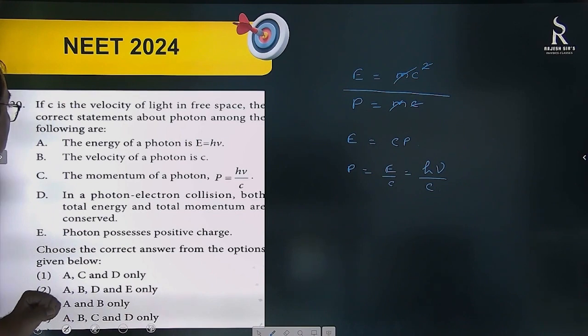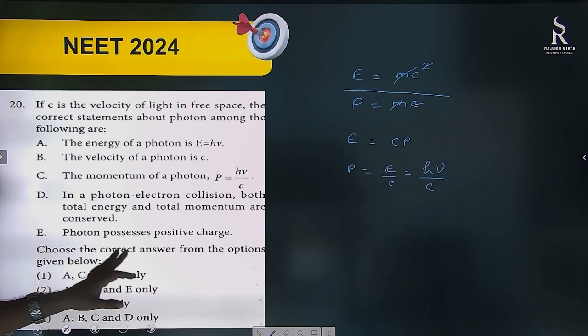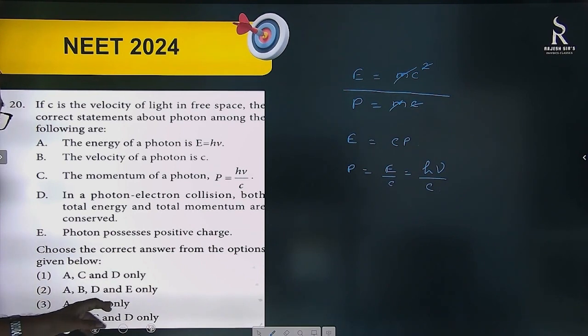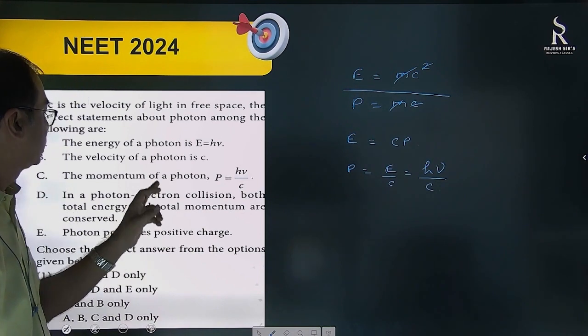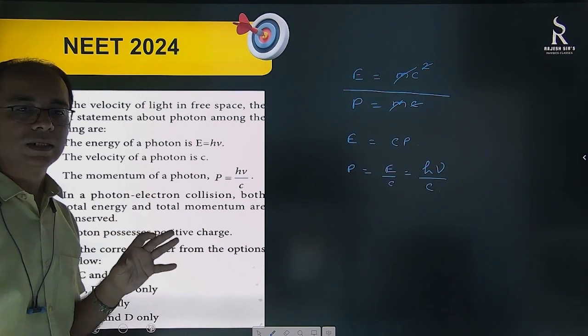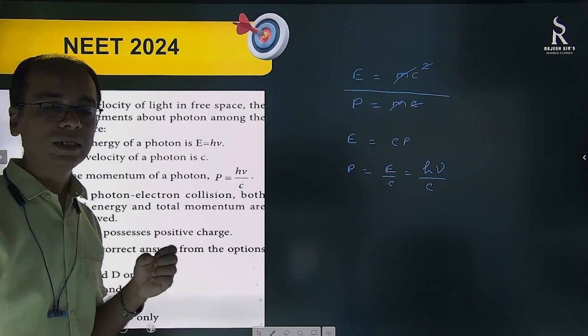So what options are there? We said that A, B, C are absolutely correct. Where is it? A, C and D, no. A, B, D and E, no. A and B, no. A, B, C and D only. Okay, so A, B, C are correct and D also is correct. We said that electron absorbs the entire energy of photon.